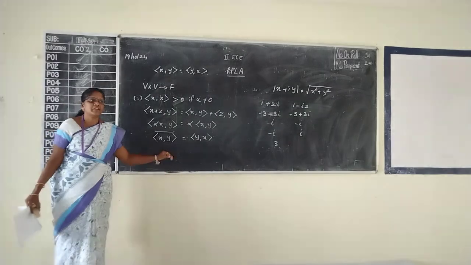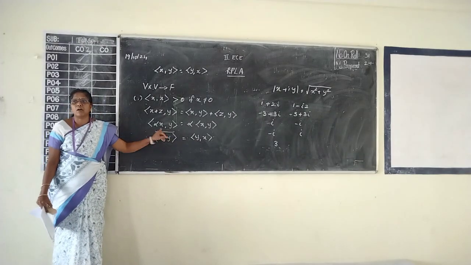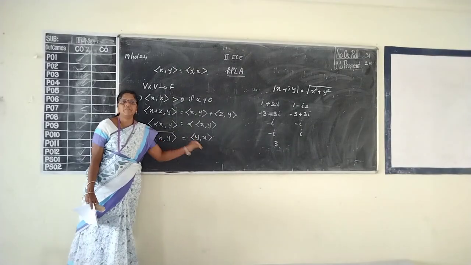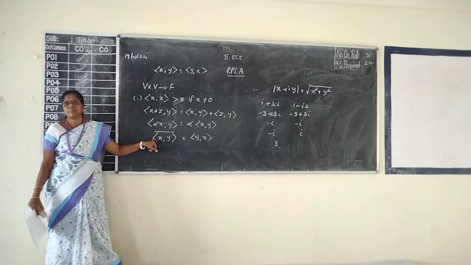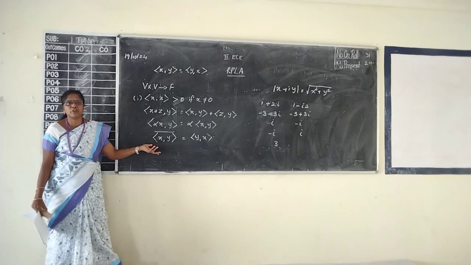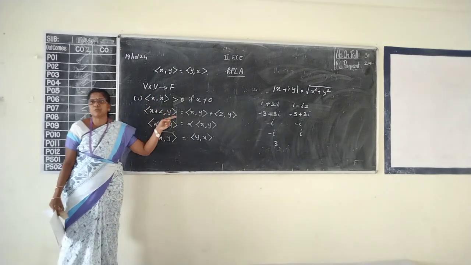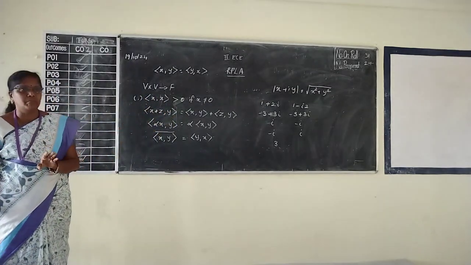What is the fourth condition in our definition? The inner product of x, y, the whole bar should be equal to the inner product of y, x. If it is a real number, the inner product of x, y, the whole bar, is just the inner product of x, y because it is going to be a real number. So only then can we say that the inner product of x, y equals the inner product of y, x.